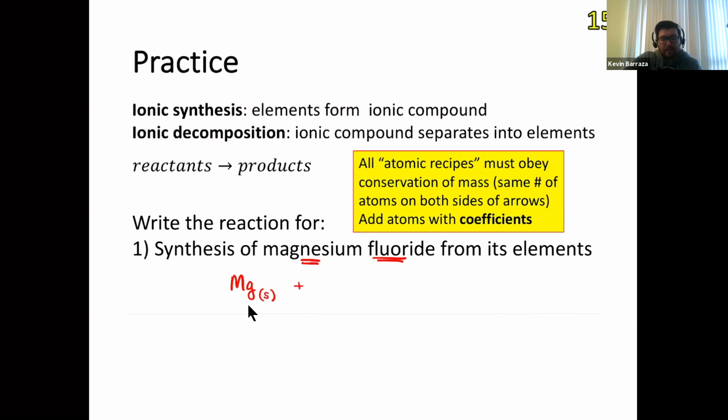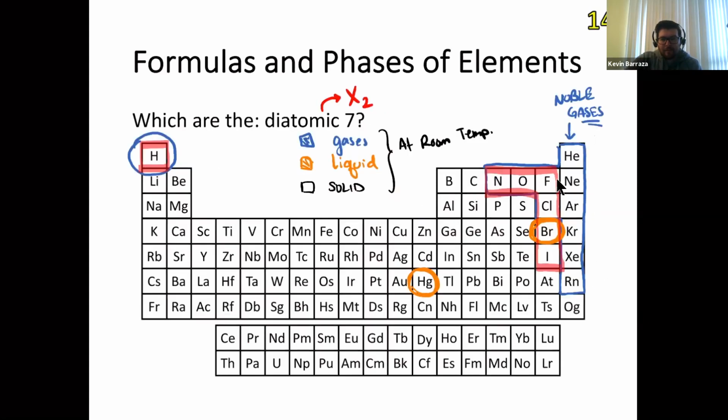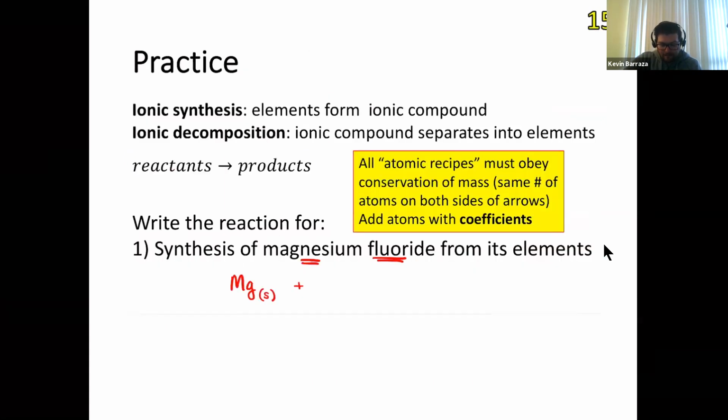Plus, now what element symbol do I put for fluorine? We're going to go over here. Okay, here's F. It's a gas. Also, I've highlighted it. Why did I highlight it? Because it's F2 gas.